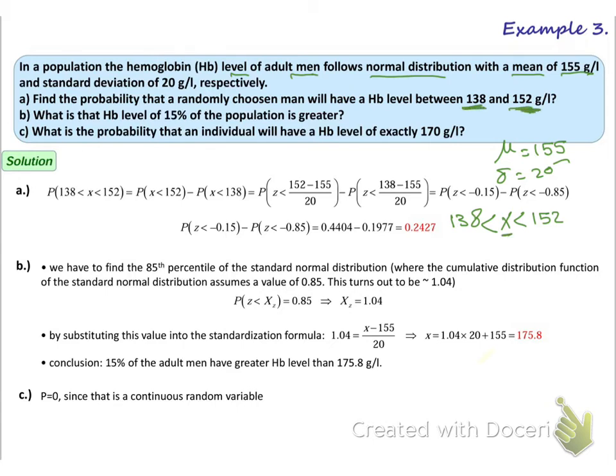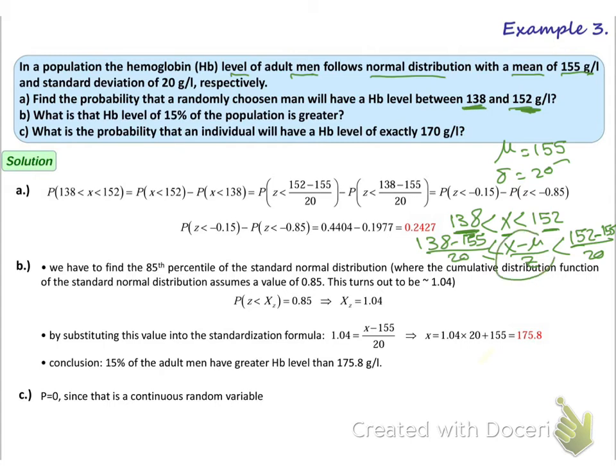So he wants X greater than 138 and less than 152. I can say X minus mu divided by sigma, less than 152 minus mu, which is 155, divided by 20, and greater than 138 minus 155 divided by 20.